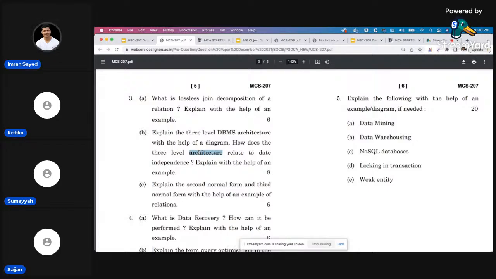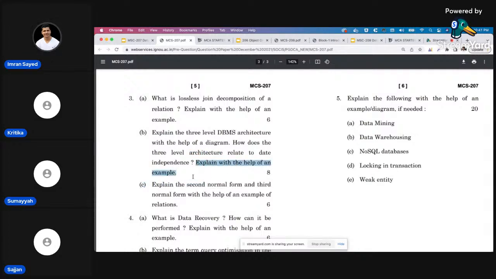Then the last one is the user level, or the external level, or the view level. And this determines that every user will have a different view. They are not going to be shown all the data; every user can have different data which is related to them. Yeah, I think that's that.